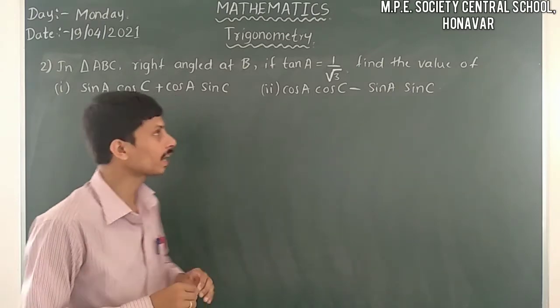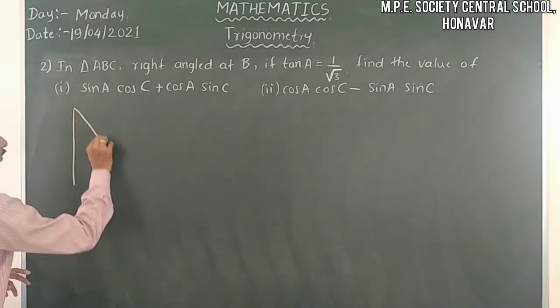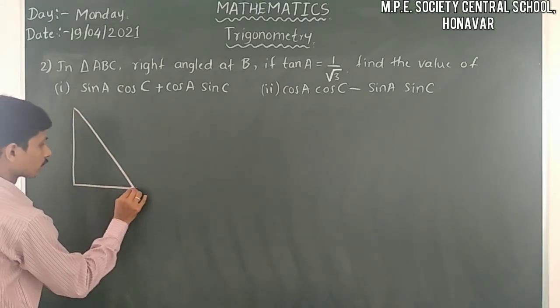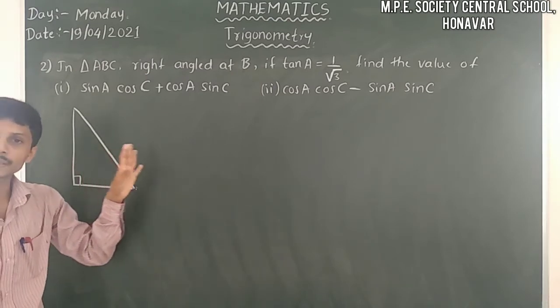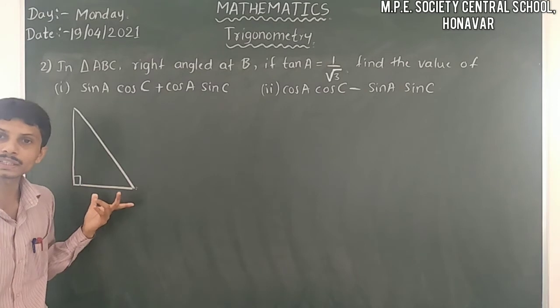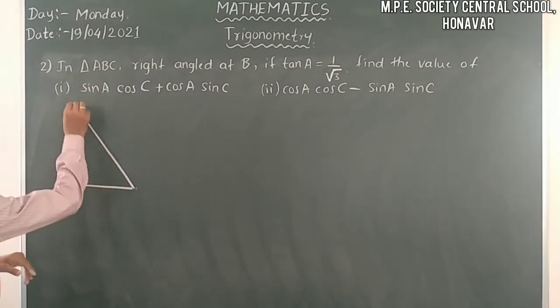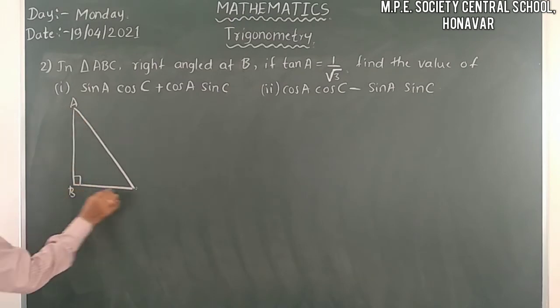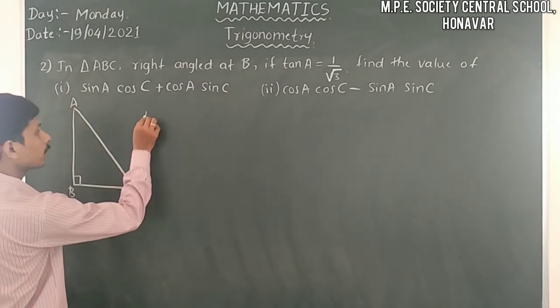Firstly we have to draw the triangle. Already you know that in this complete chapter we are using only right angle triangles. Here it is triangle ABC, with right angle at B already given.